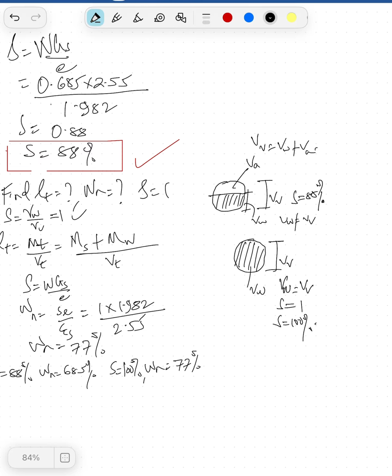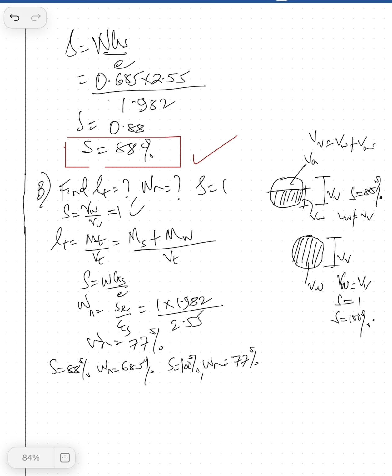Because initially, saturation was 88% and water content was 68%. Now, since it has filled up the whole void space, saturation is 100%. Therefore, the water content has increased, because if it doesn't increase, it will never fill up the whole volume of void. So that is why it makes so much sense.